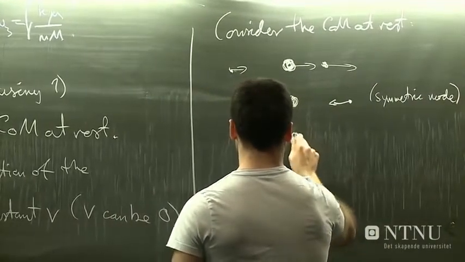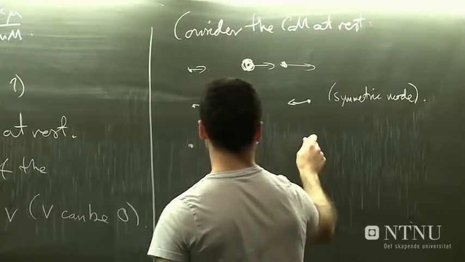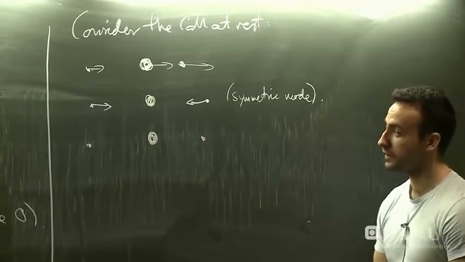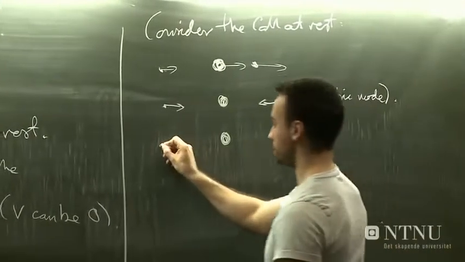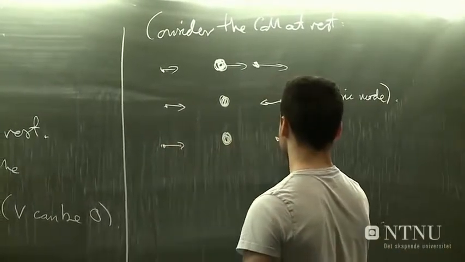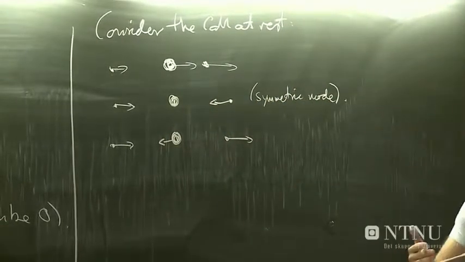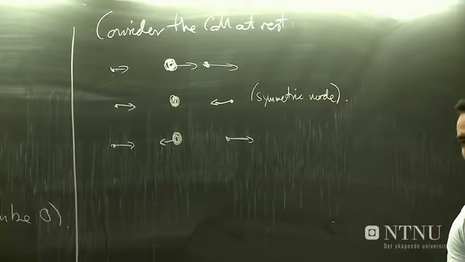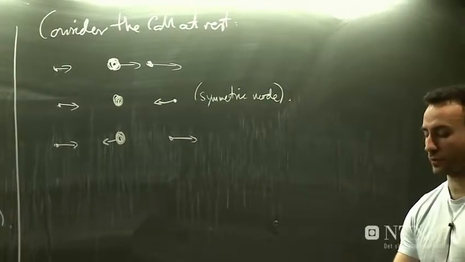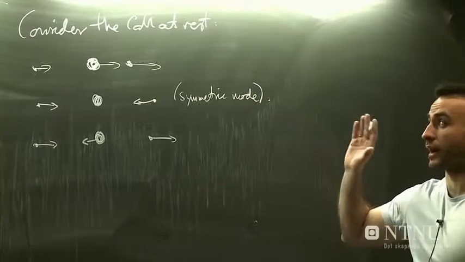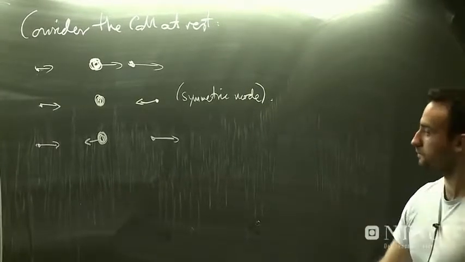And as you mentioned, we can have a third mode, which is antisymmetric, in which case the two oxygen atoms oscillate in phase, whereas the carbon atom moves in the opposite direction in order to have the center of mass at rest.